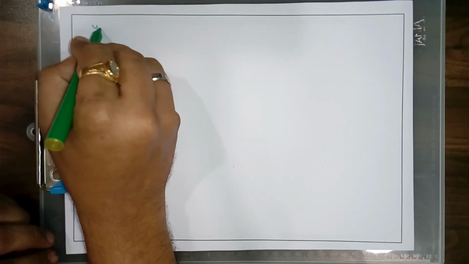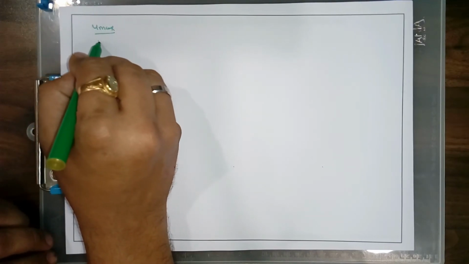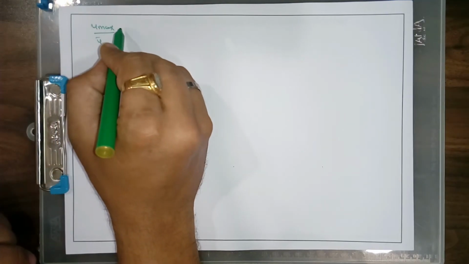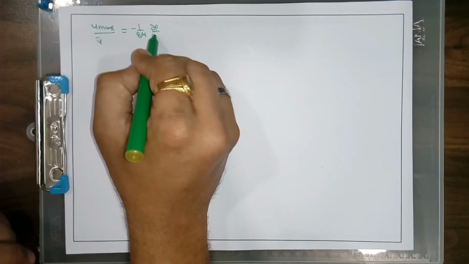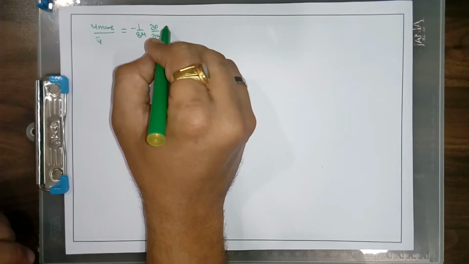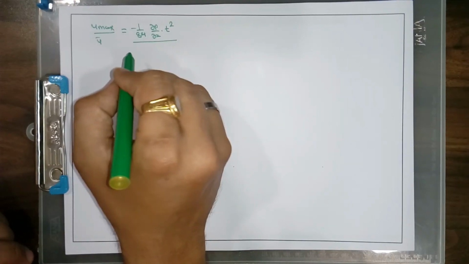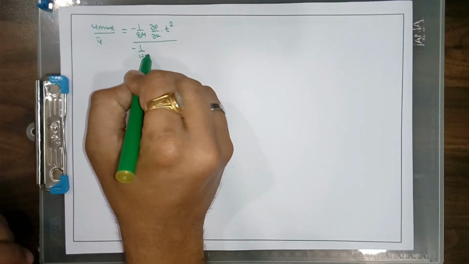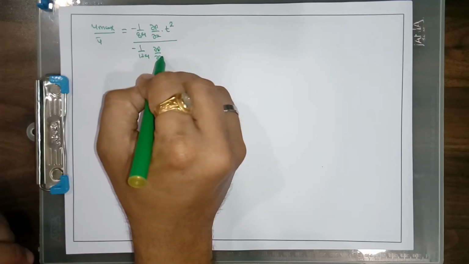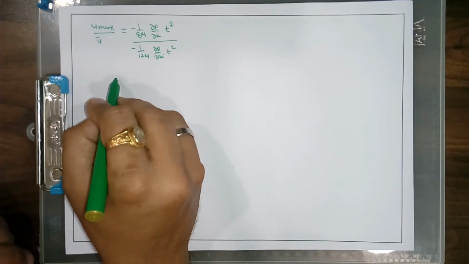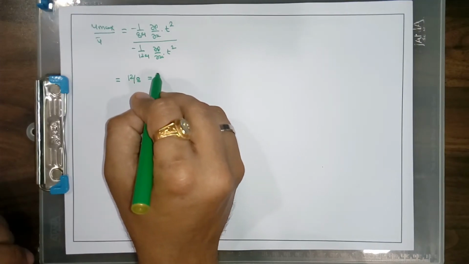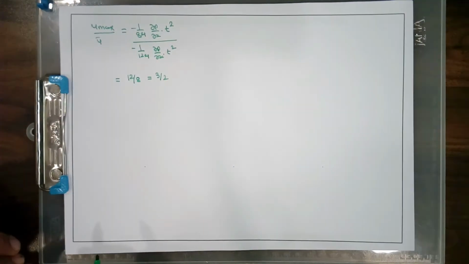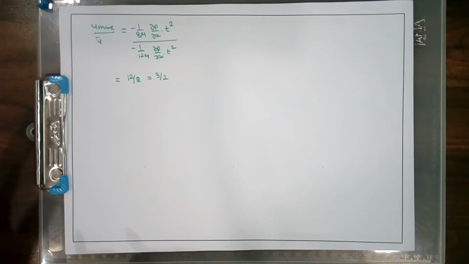So u max divided by u-bar is equal to -1/(8μ) ∂p/∂x into t² divided by -1/(12μ) ∂p/∂x into t². So finally we get 12 divided by 8, which is equal to 3/2. So we get u maximum equal to 1.5 times u average.